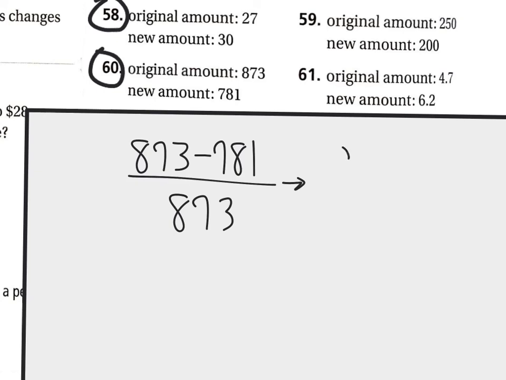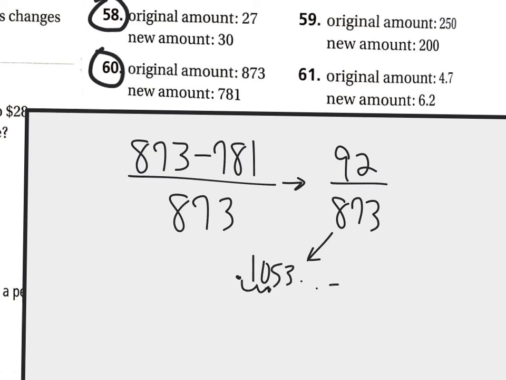So if you subtract those, would be 92 over 873. And then if you divide that out, is 0.1053 something. Move your decimal 2 spots, and then if we go to the nearest percent, that would be about 11%.